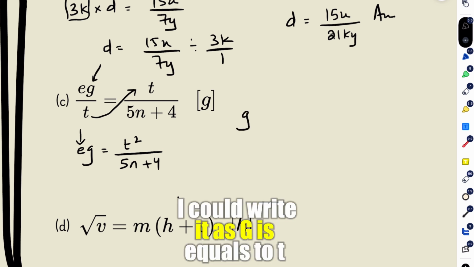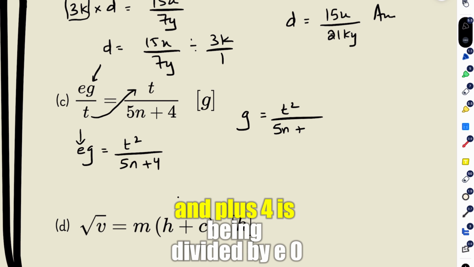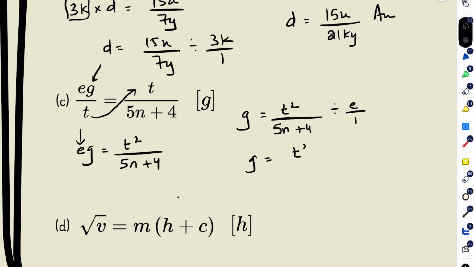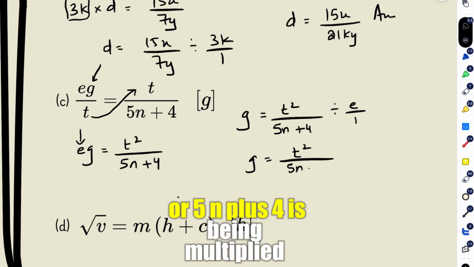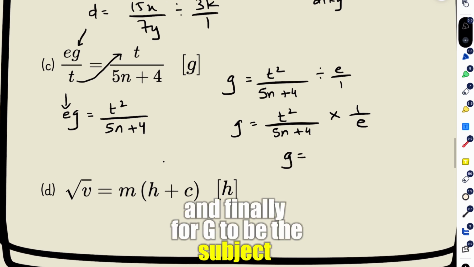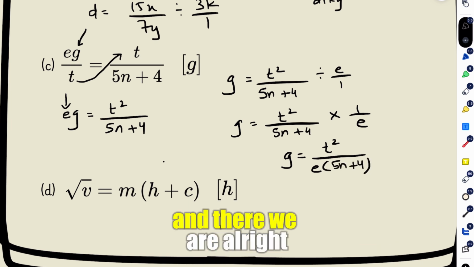I could write it as G is equal to T squared over 5n plus 4 being divided by E over 1. Or I could say G is equal to T squared over 5n plus 4 being multiplied by 1 over E. And finally, for G to be the subject, it's T squared over E times 5n plus 4. And there we are.